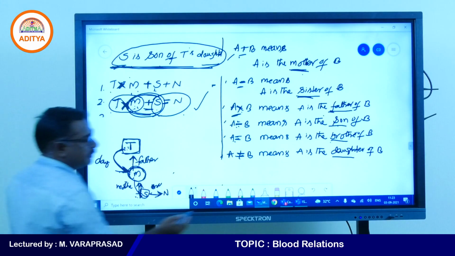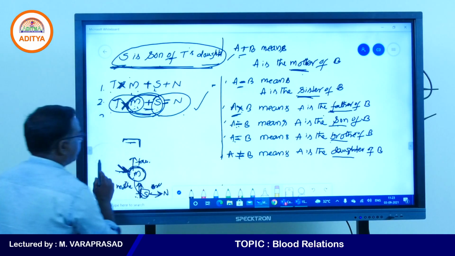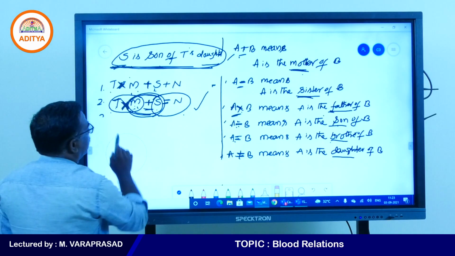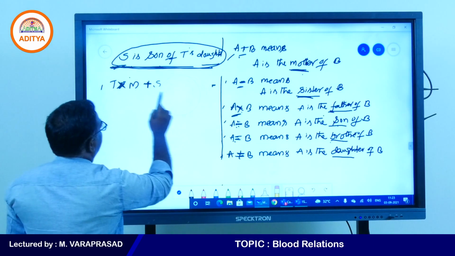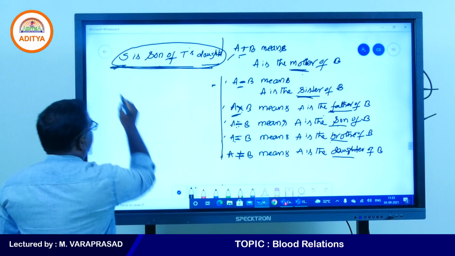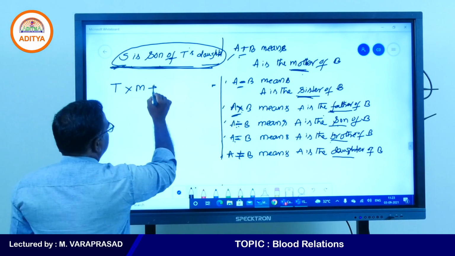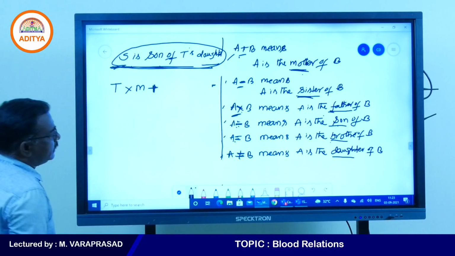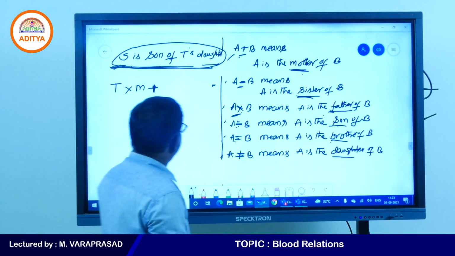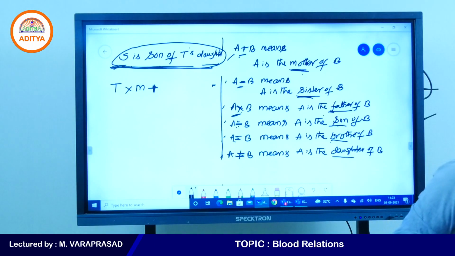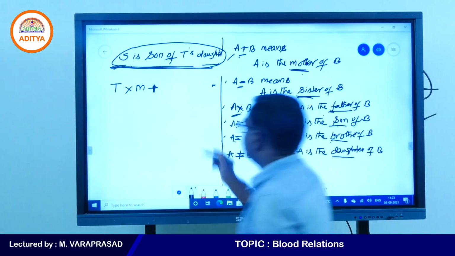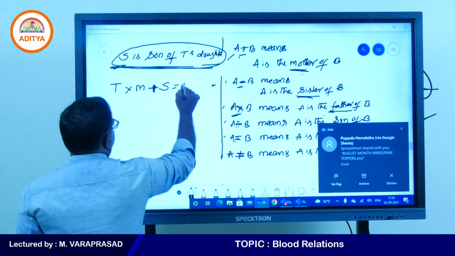Once again I will explain. See here, the relation is given in the second option: T into M plus S equal to N. This is the second option we got.